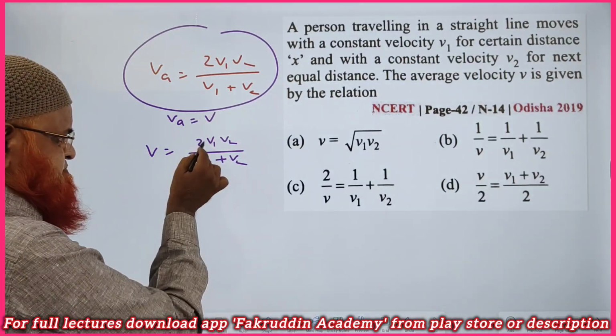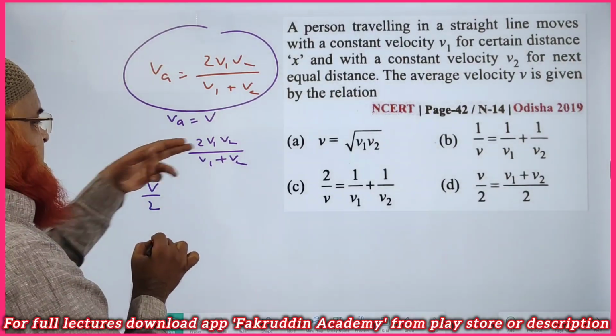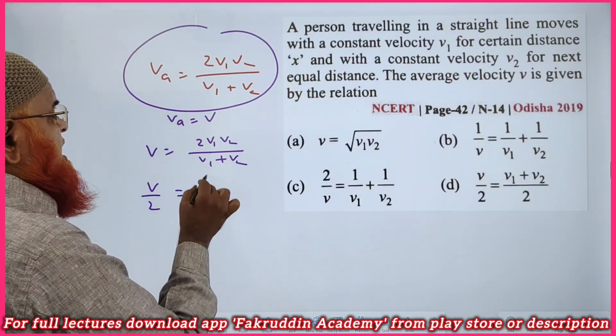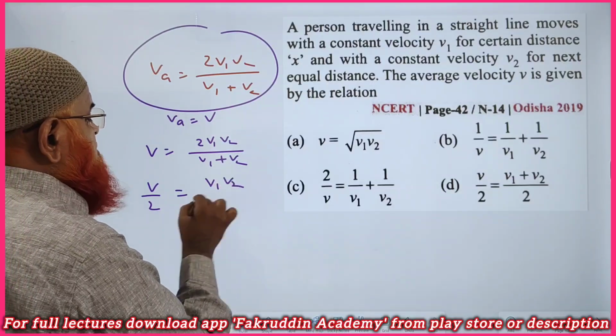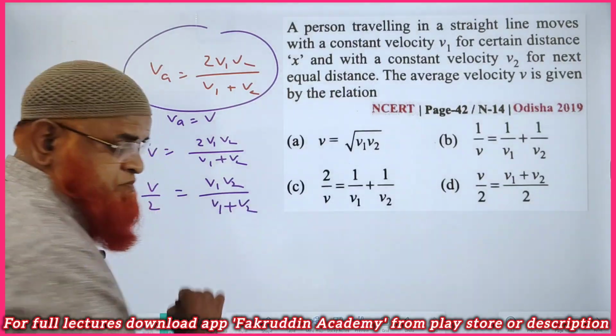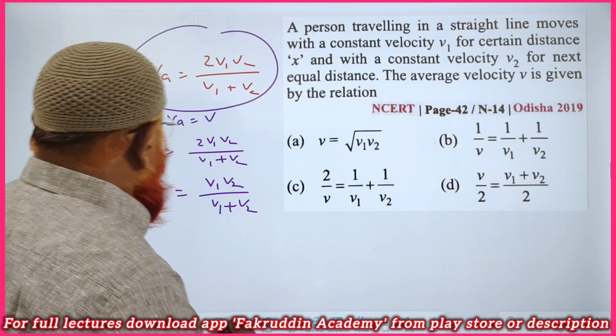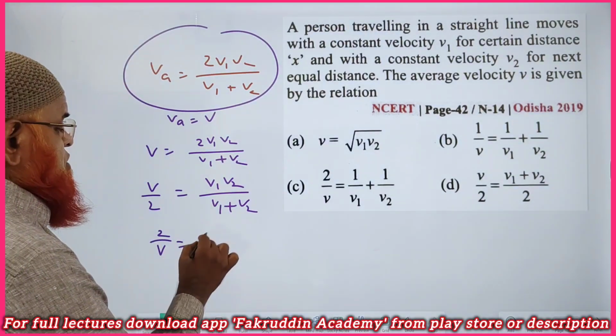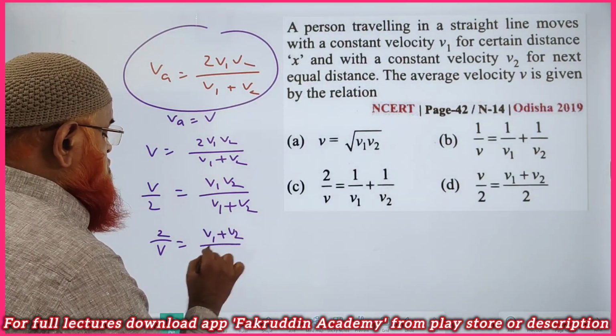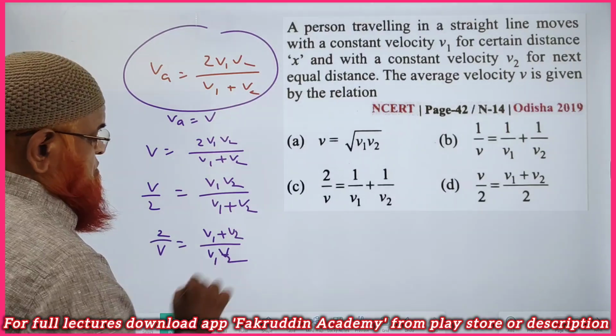Taking V to the denominator and the rest to the other side, making it reciprocal, 2 by V is equal to (V1 plus V2) by V1 V2.